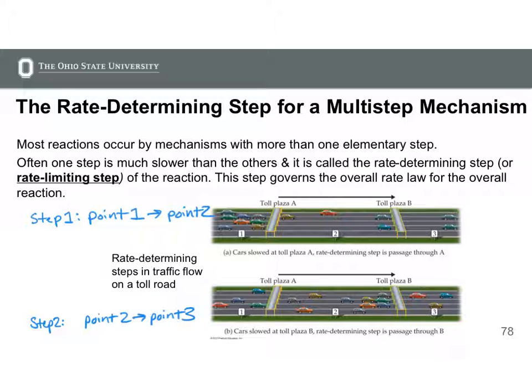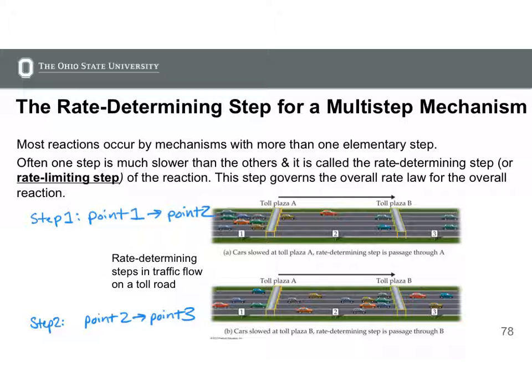Yes? For the second step being the slowest step, during the experiment, would we see the intermediate around longer? Yes, so possibly. We're going to look at the case where we have a fast first step and a slow second step. The products of that fast first step may be around longer than if it was a slow first step.